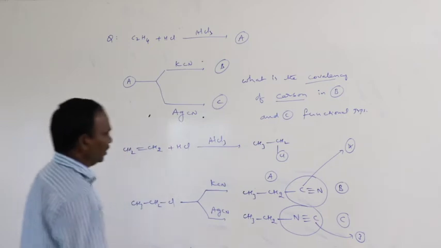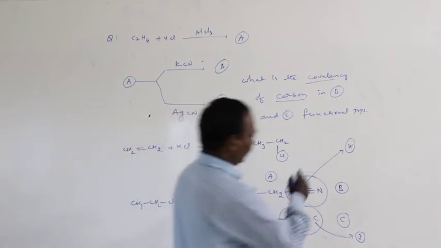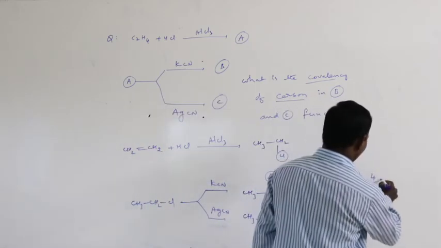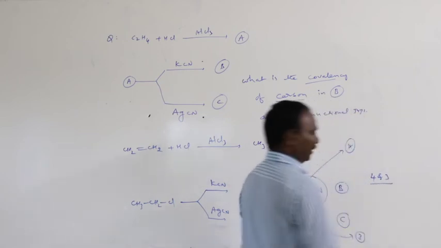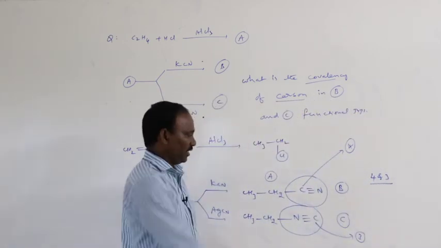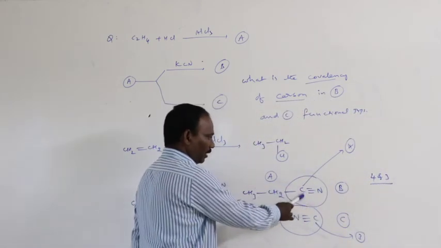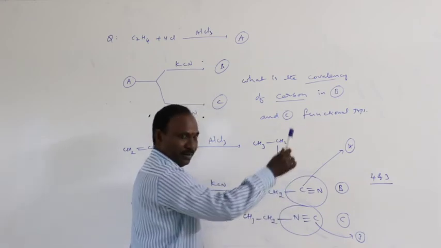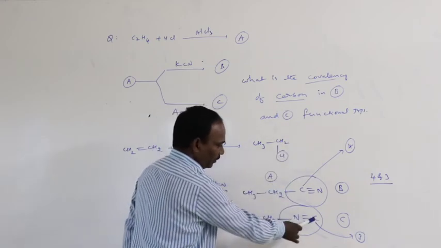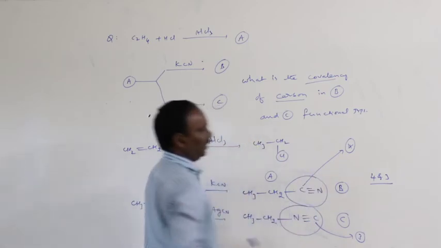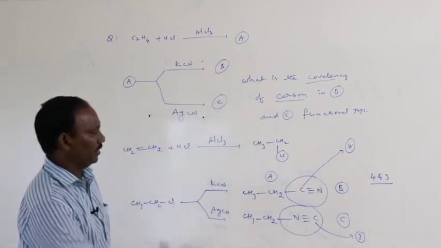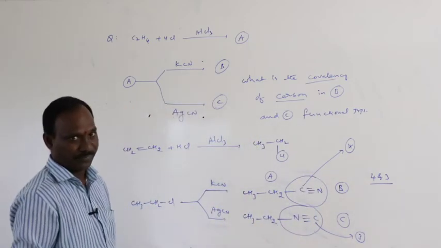In the cyanide functional group, carbon covalency is 4. In the isocyanide functional group, carbon covalency is 3. So the answer is 4 and 3.